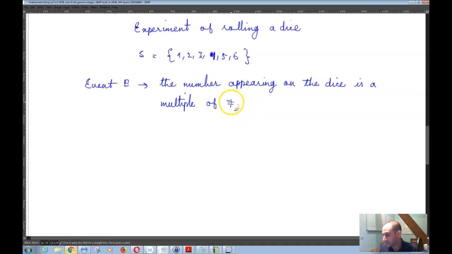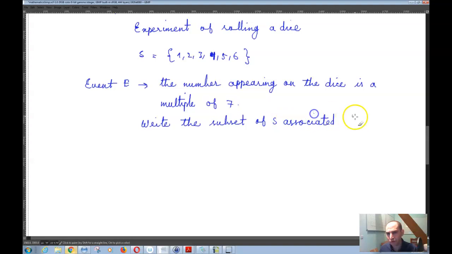Can you write the subset associated with the event E? So what we need to do is to write the subset of the set S associated with the event E. That's what we want to do.